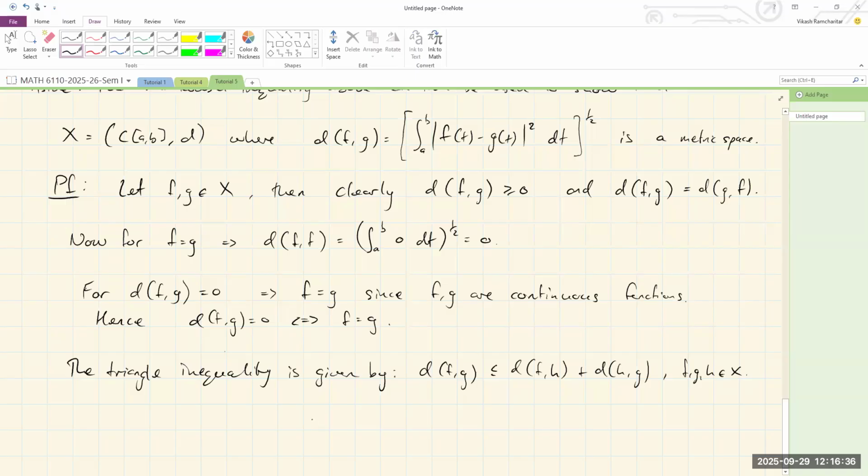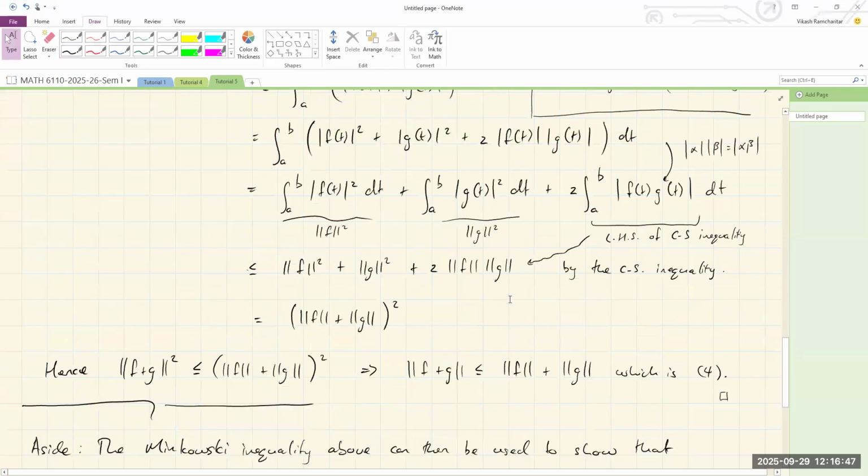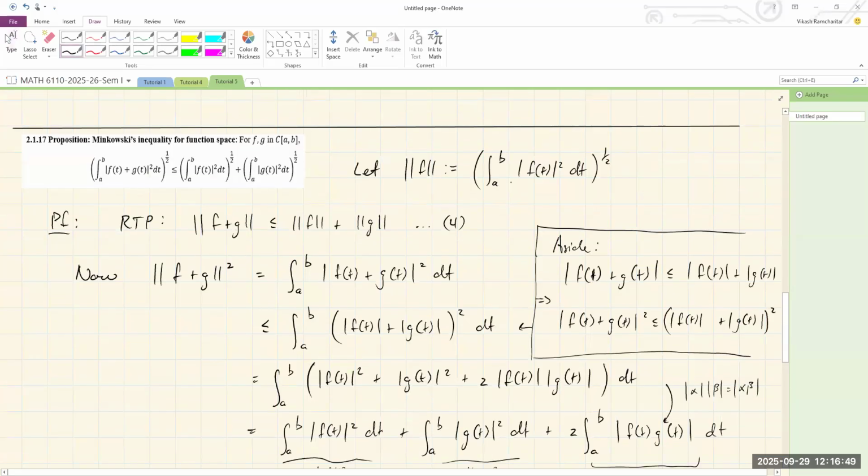So now I can just invoke the Minkowski inequality because we've already done all the work to come up with that. We're still going to use how I define this norm. The norm of a function is the integral of the modulus squared of it, and then you take the square root of it.